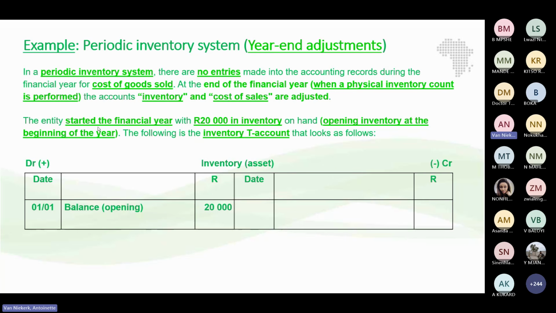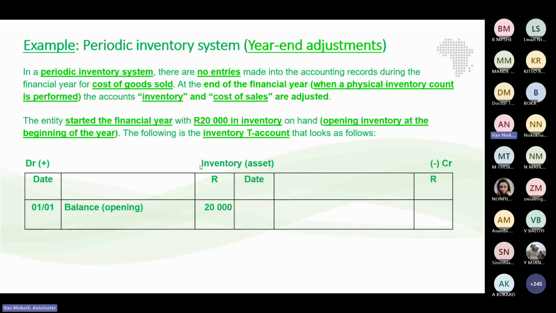The entity started the financial year with 20,000 Rand inventory on hand. Inventory on hand means it's your opening inventory at the beginning of the year. So now we have to record this opening inventory. Remember, we now have an inventory account, because this is inventory that you are recording.